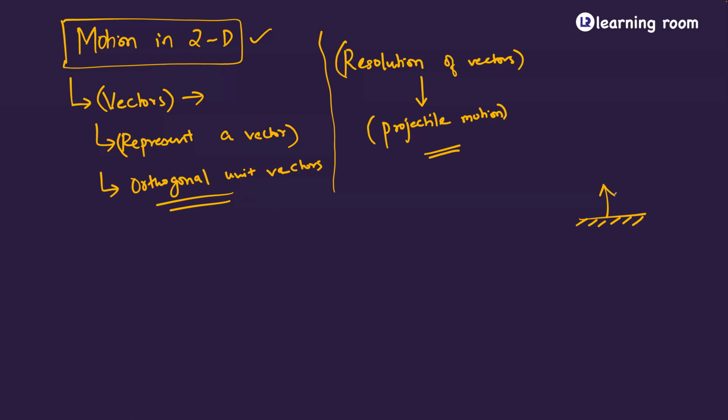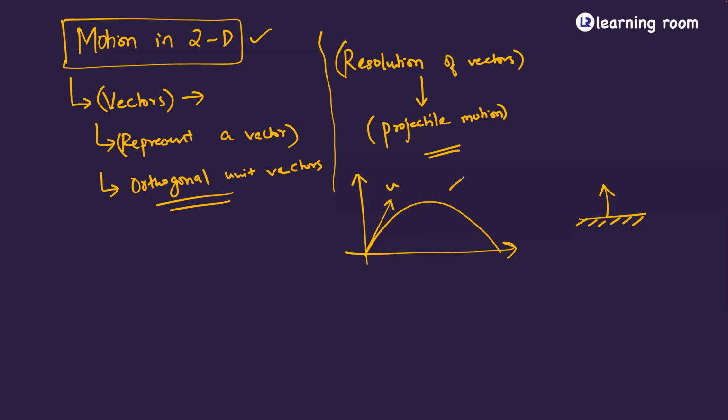Whereas in the case of projectile motion, you will throw it at a particular angle. When you throw it at a particular angle, unlike the vertical motion scenario we discussed, the object will travel in this kind of path.